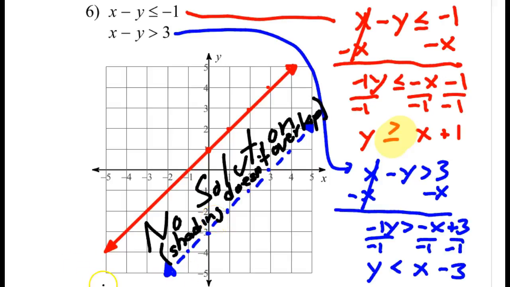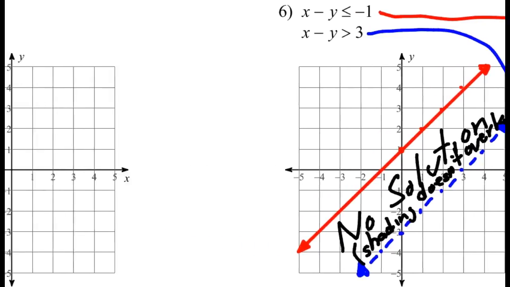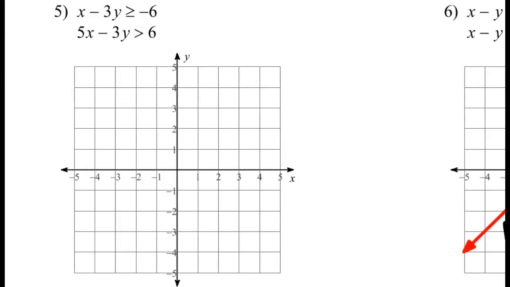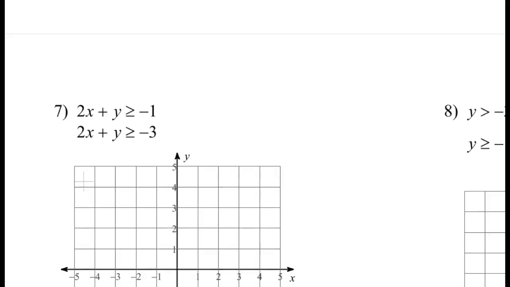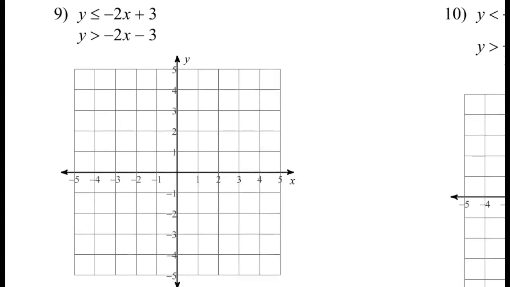Let's do one more on the back. Let's do number 9. Flip it over to the back. This one's already set up for us for the graph, so it'll be a little bit faster. So, start at 3, and we're going to go down 2 and right 1.